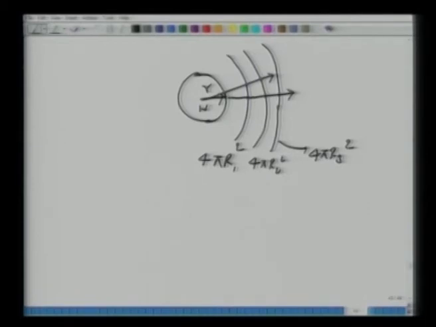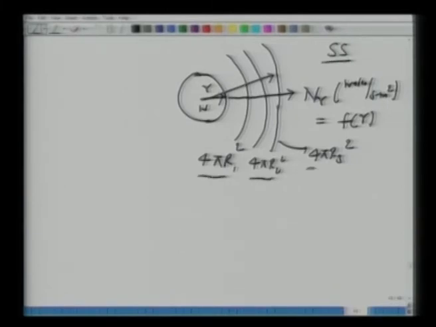We can still go back and apply the same expressions that we obtained earlier, but more important is we must realize that this N_r, moles per second per meter square, will be a function of r, although we are assuming steady state, because the very fact that the area itself changes. However, N_r multiplied by 4 pi r square, which will be moles per second, or we call it W dot, this will be constant.